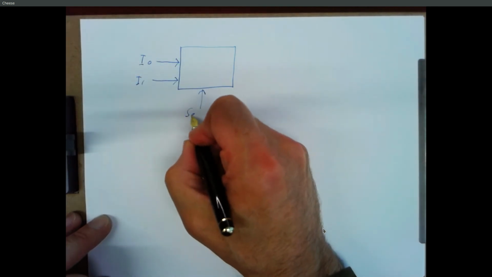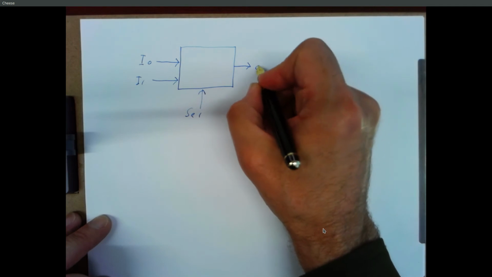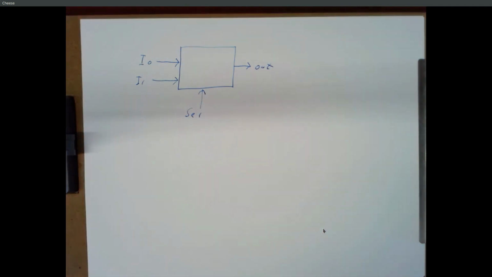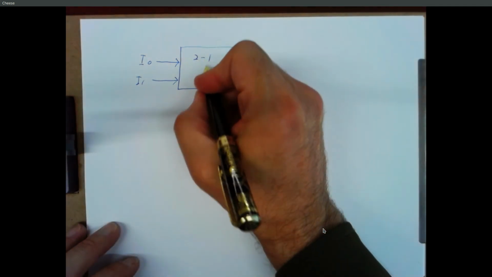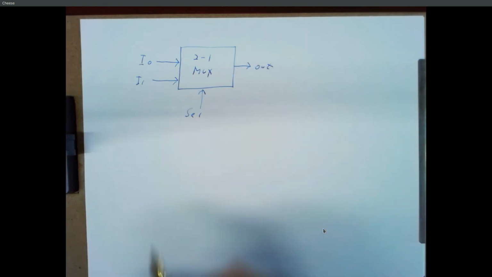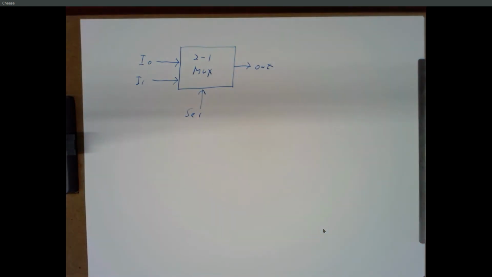Here's select. Here's out. And this is a 2-to-1 multiplexer. Multiplexers are the key to life, right? So this is a multiplexer, and you can build big multiplexers from little multiplexers. So this is a good circuit to be able to build.